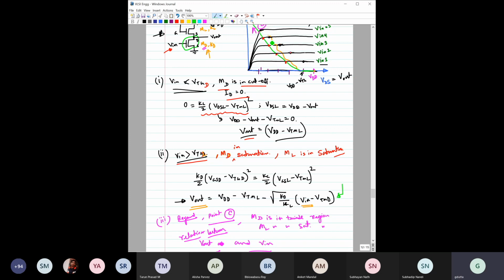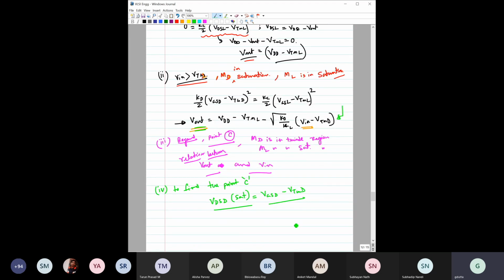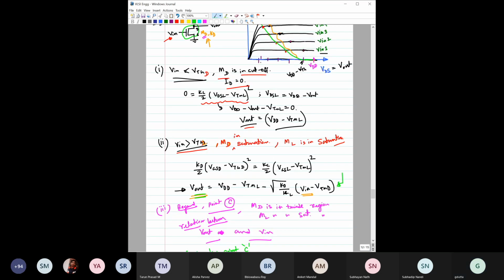That means this transistor is just entering from saturation to its triode region, right? So you can still use this particular equation for V out and find the required value of V in for which this transistor would go into the saturation region.